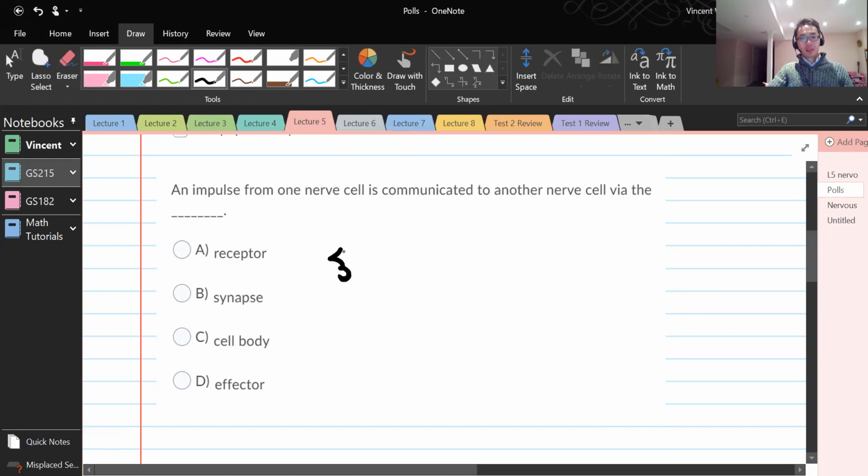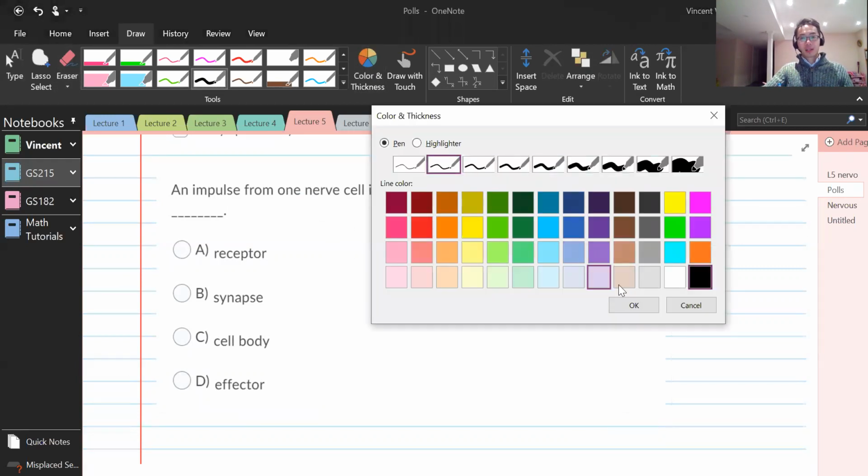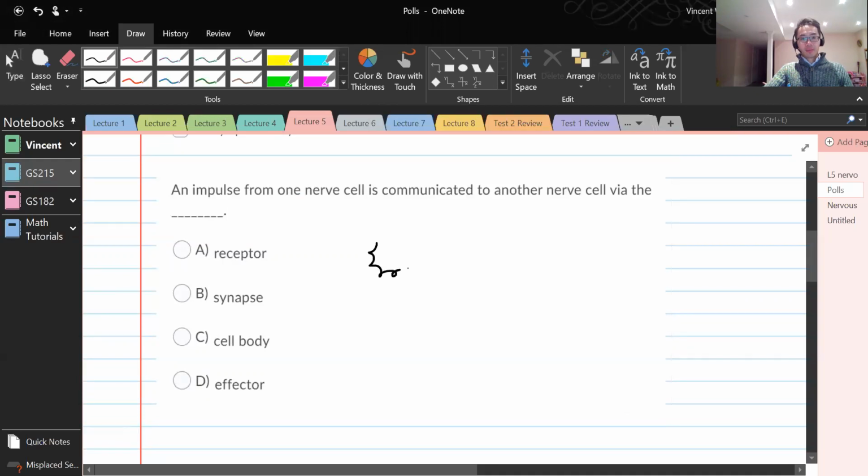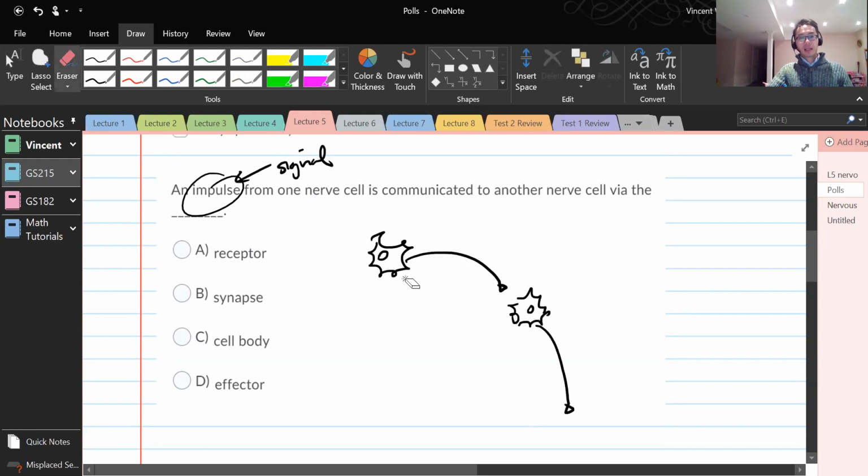So nerve cell, this is one nerve cell. Oh, why is the pen so thick? There is the neuron. And then the impulse. Impulse means signal. Signal goes from one nerve cell to another nerve cell. How does the signal go from this to this?